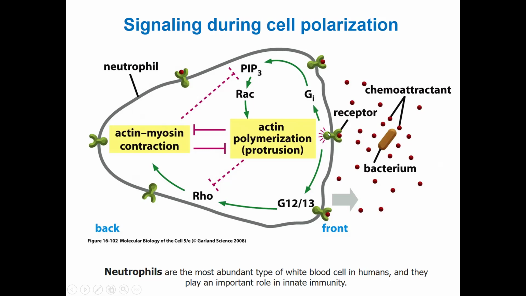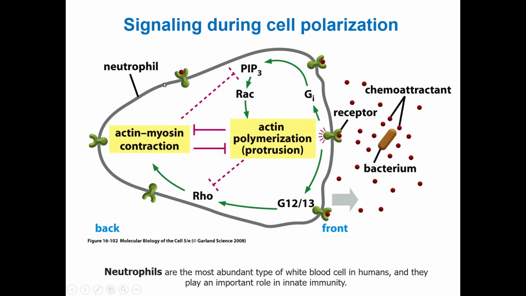Here you can see the neutrophil has the receptor to sense the chemoattractant, that is, the extracellular molecules released from the bacterial cell. The receptor perceives that. This is a neutrophil, which is an immune cell, and its intention is immediately to arrest this bacterium and collapse it.